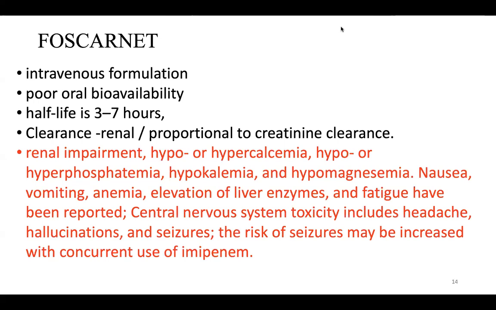Foscarnet. Foscarnet, or phosphonoformic acid, is an inorganic pyrophosphate analog that inhibits herpesvirus DNA polymerase, RNA polymerase, and HIV reverse transcriptase directly, without requiring activation by phosphorylation.